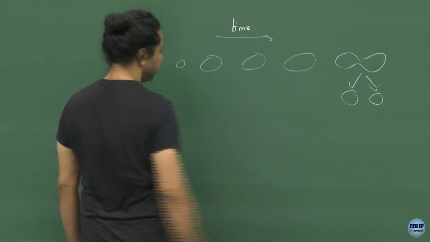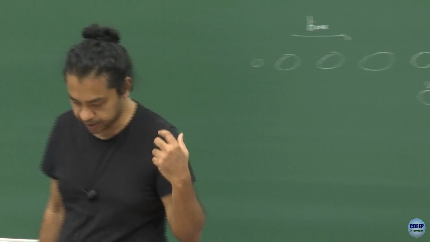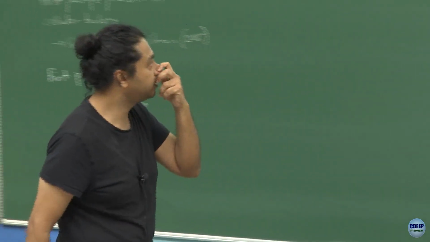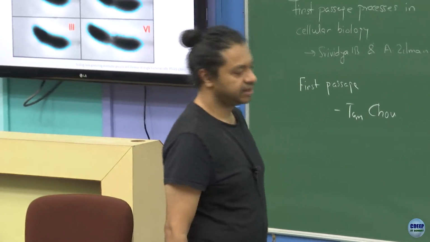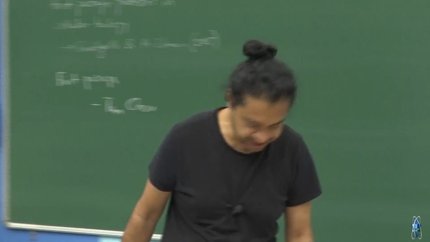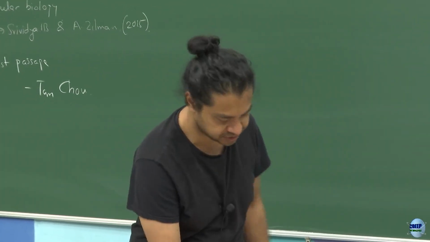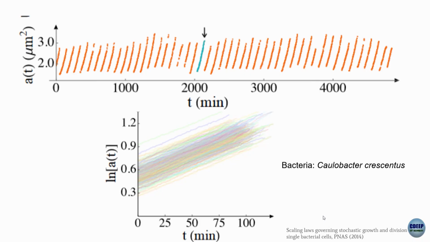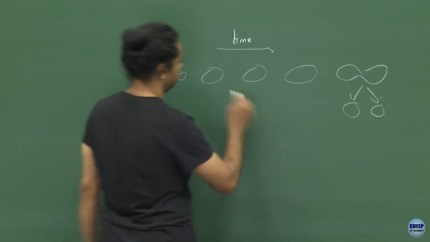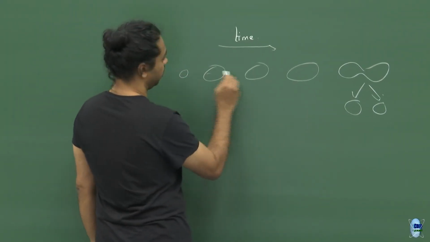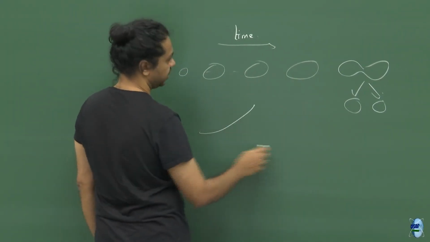If people have done these sort of experiments, for example, if you were to measure the area of this cell as a function of time, this is what you see. So this is area as a function of time. These are multiple experiments. I think these are different generations of the same cell. You plot the area as a function of time, you get something like this.